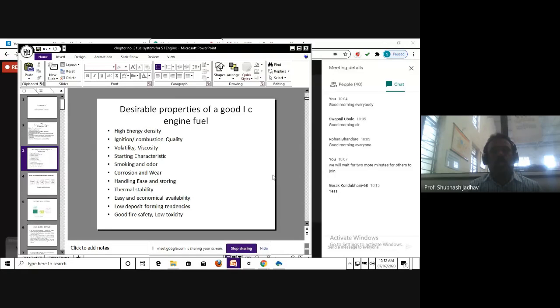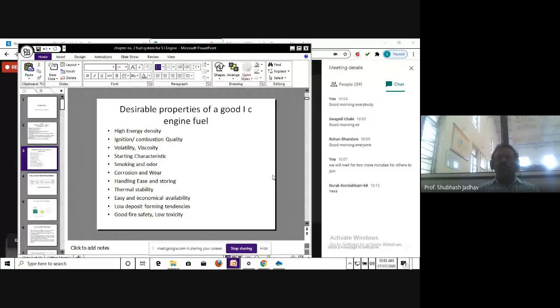So how easily we can start the combustion basically. Starting means it is related to starting the combustion or the ignition. So the ignition or the burning characteristics of the fuel is what you call the starting characteristics. How easily we can start the burning of that particular fuel.